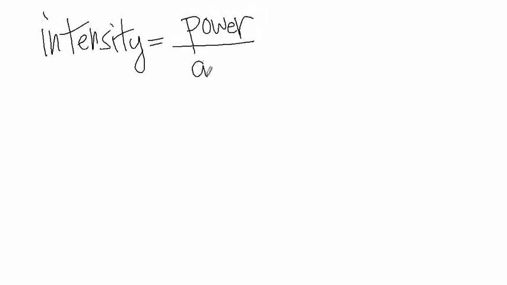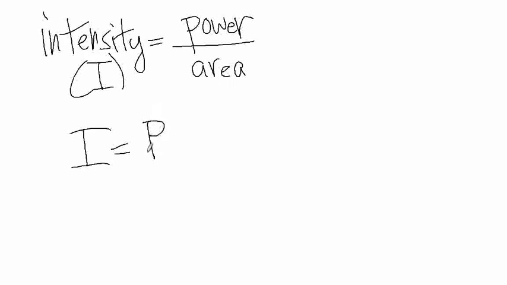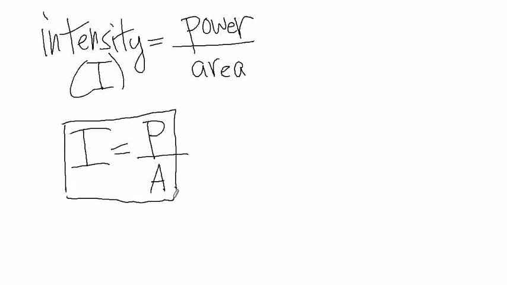Intensity is equal to the power of a wave divided by the corresponding area. Intensity is often denoted by I. Since power is often denoted by P and area by A, a compact way to express this formula is I is equal to P over A.